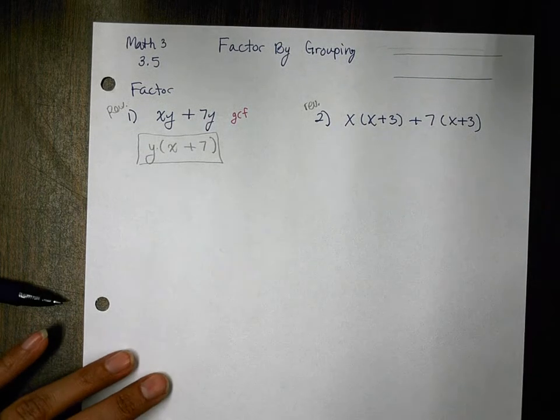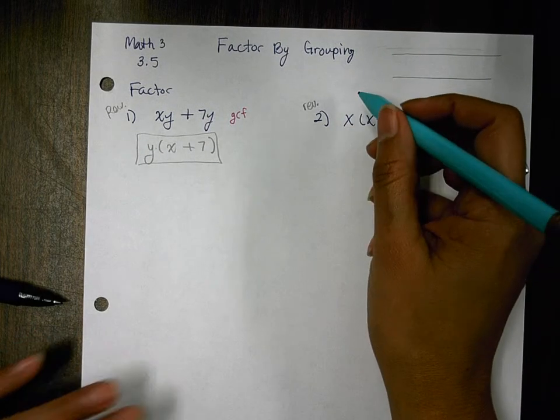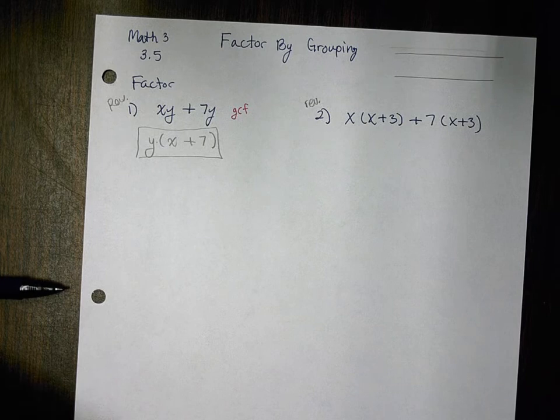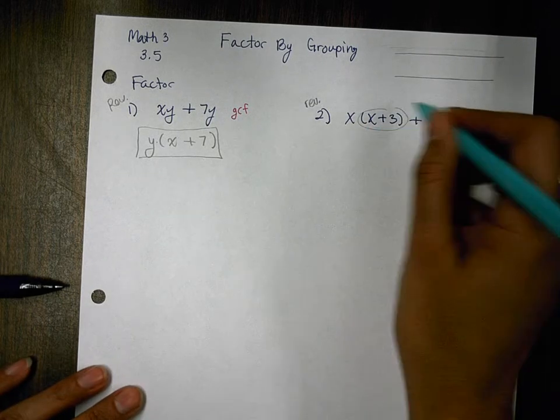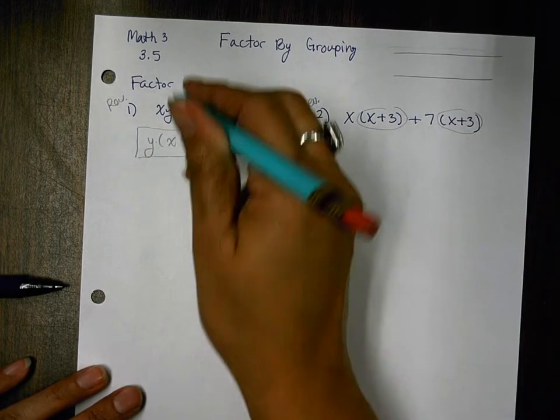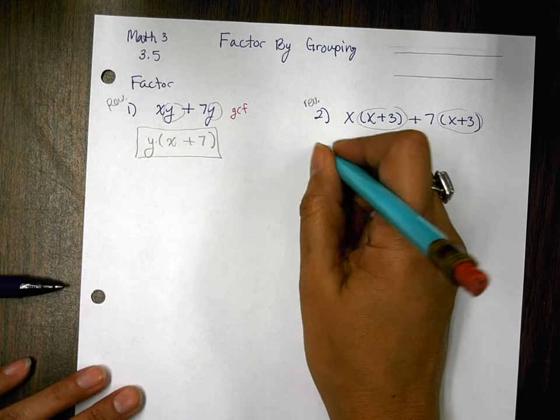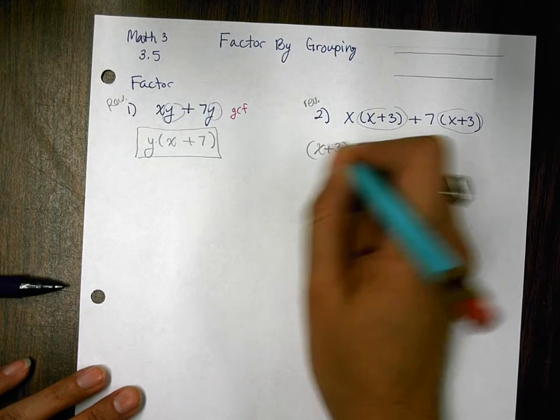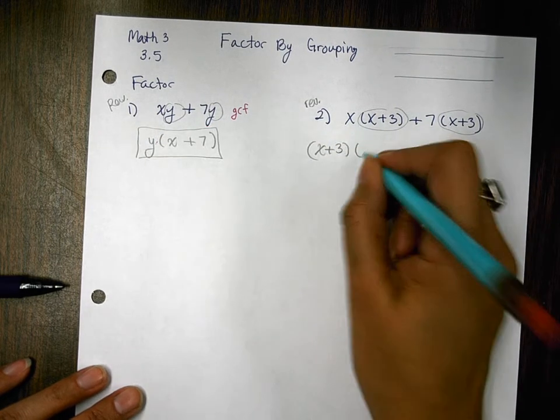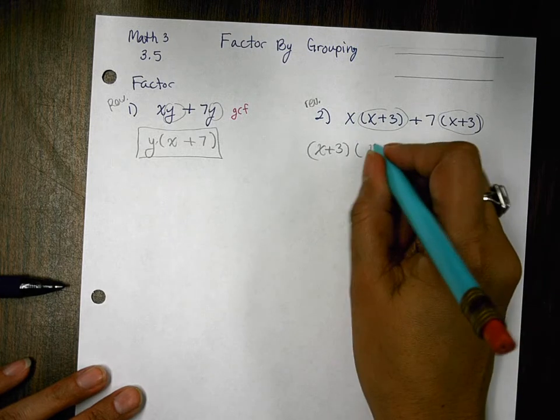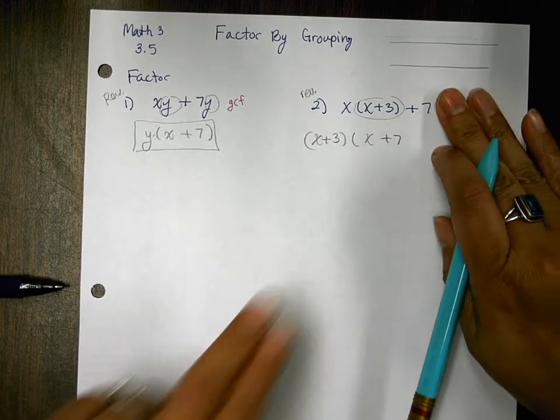There's two terms, they have a common factor. Your common factor is x plus 3. So you're going to GCF it just like we did the y over here, times, just like we did right there. And then what's left over? The x plus 7, because it's right there.